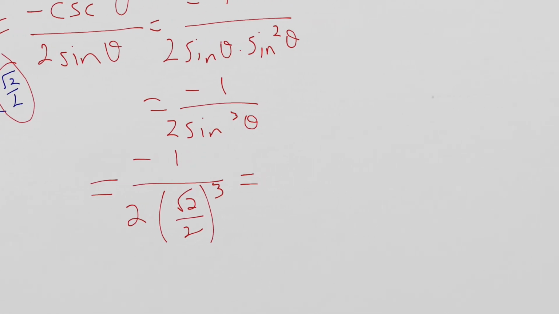So I get negative 1 over, I got a 2. I'm going to write it as root 2 times root 2 times root 2 over the 2 down here cubed, that's 8. Actually, I'll write it as 2 times 4. Why do I do that?